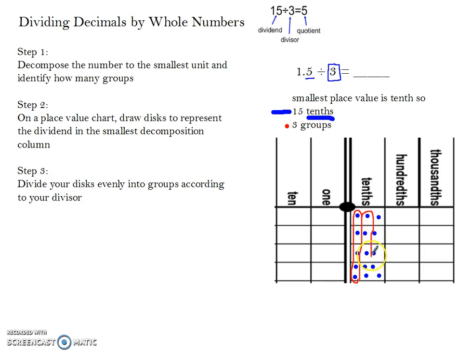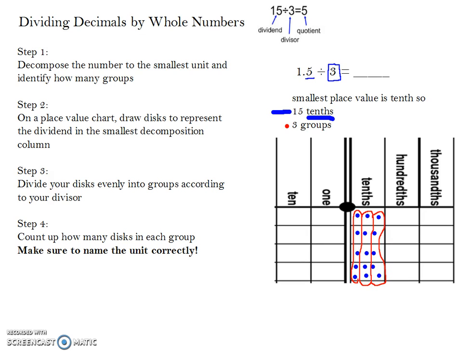Sometimes it's easy to see how many can go in each group and to do that evenly. Sometimes it takes a little bit more time to find how many disks should be in each group. So I've divided my disks evenly into each group, and I'm making sure that there are equal amounts of disks.